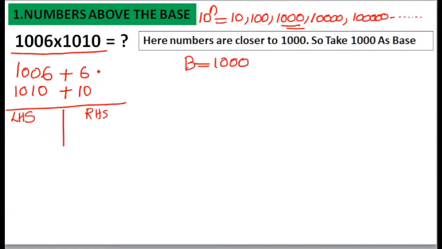Now your RHS will be 6 into 10. That is, your RHS is 6 into 10, that is 60.